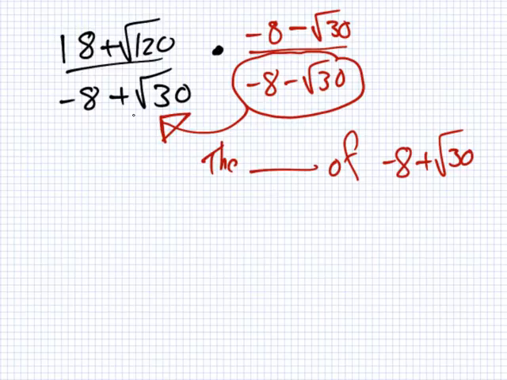Not parallel. Not the canceller. Not component, not composite. Conjugate. So this is called the conjugate of minus 8 plus root 30.